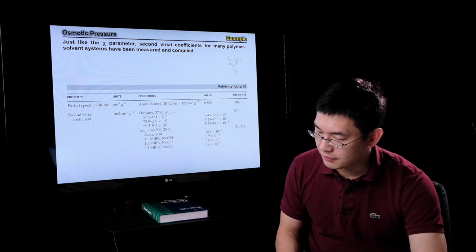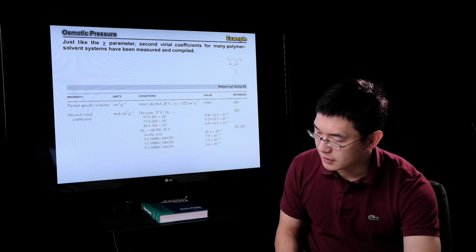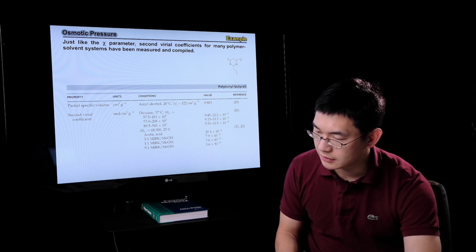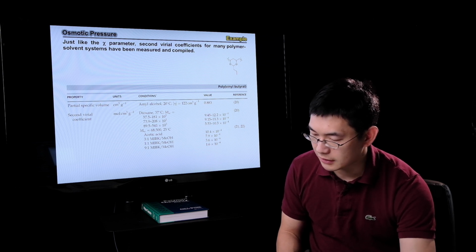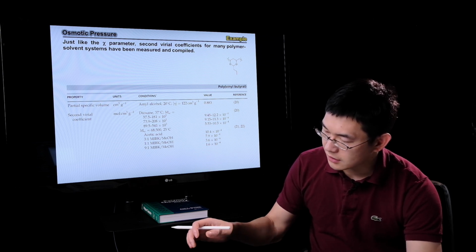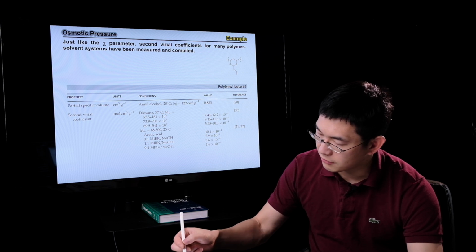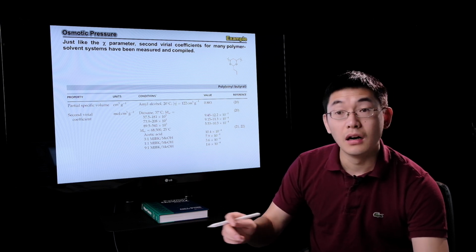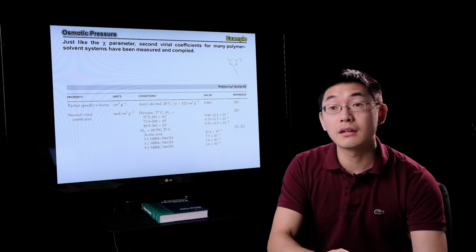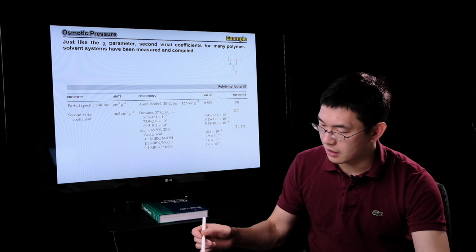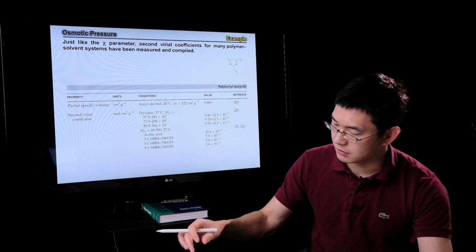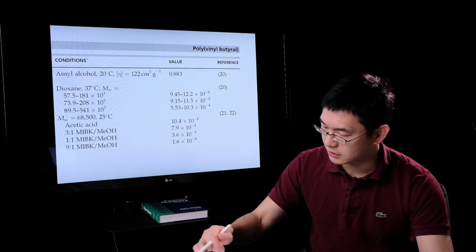And in a few examples you can see that the second virial coefficient can be measured and compiled. Here is a couple of examples, polyvinyl butyral, that can be discussed. You can see how the second virial coefficient is shown in this particular column.